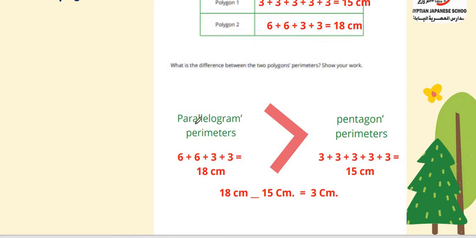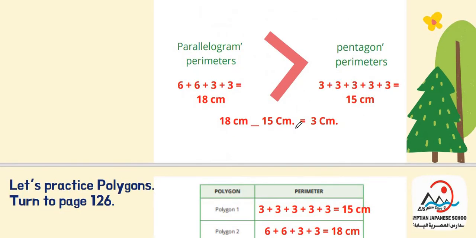So the perimeter of the parallelogram is greater than the perimeter of the pentagon. 18 is more than 15. Okay, what is the difference?